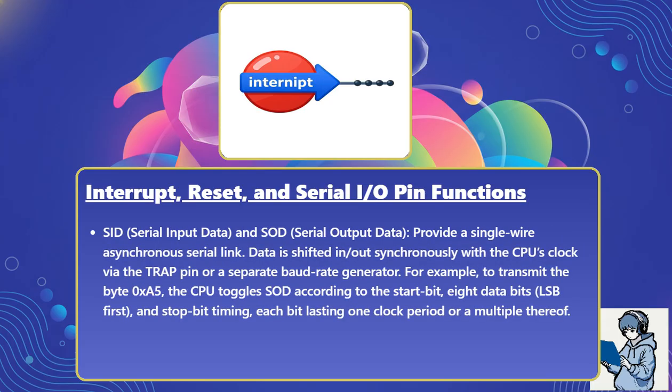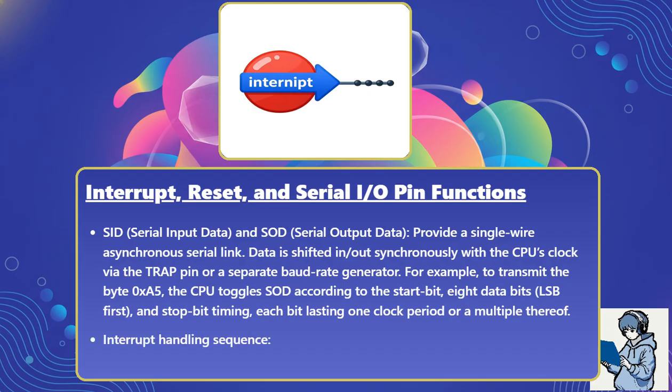SID, serial input data, and SOD, serial output data, provide a single-wire asynchronous serial link. Data is shifted in and out synchronously with the CPU's clock, via the TRAP pin or a separate baud rate generator. For example, to transmit a byte, the CPU toggles SOD according to the start bit, 8 data bits, LSB first, and stop bit timing, each bit lasting one clock period or a multiple thereof.